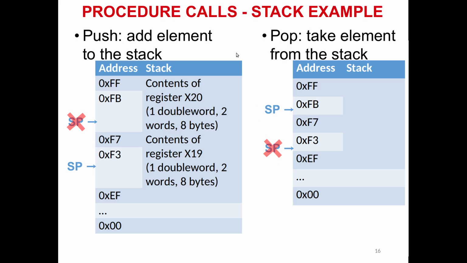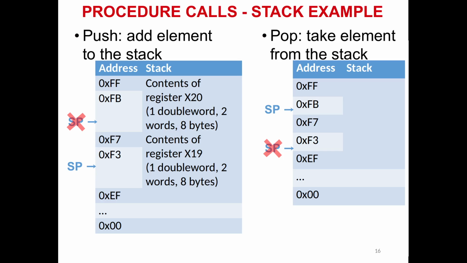Of course, we also know about the stack. Especially in a procedure call, we need a stack. Why do we need a stack? It is because the number of registers in our CPU is very limited.